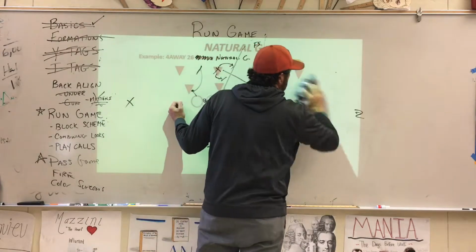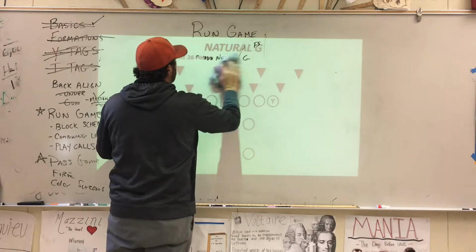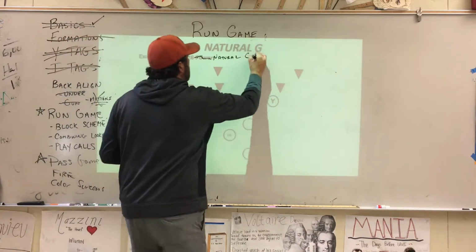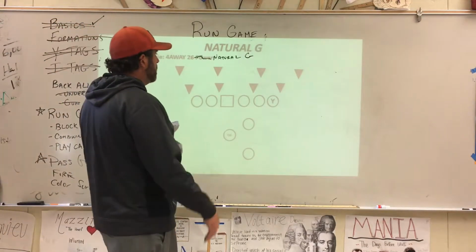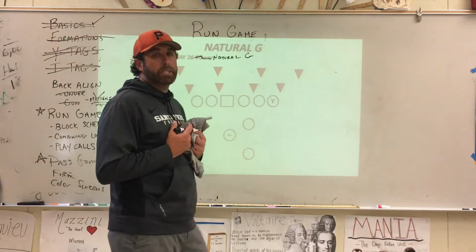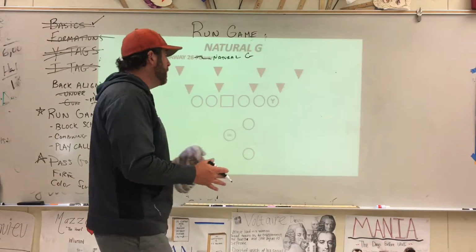All right? So generally speaking, guard and tackle are doubling down, fullback is kicking out, and backside guard is wrapping, and so on like we did. The rule that we tell the guys is you're responsible for the first man inside you, on or off the ball, if you're play side.